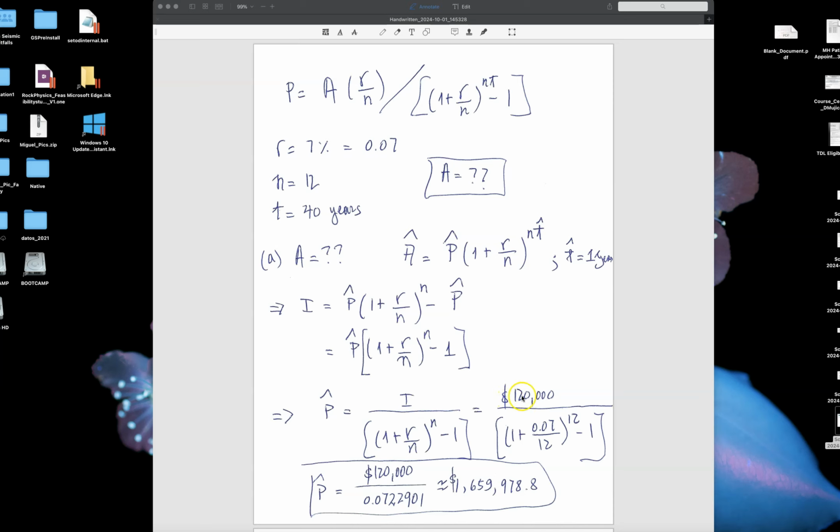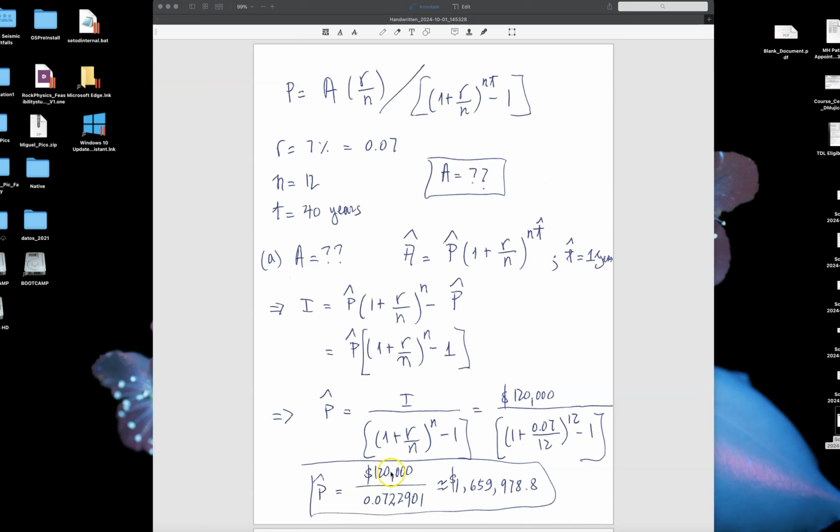So P hat is equal to the interest divided by all this factor. The interest is $120,000, and this factor is this one that you see here. When you make this operation, you divide, then add 1, then raise the result to 12, and subtract 1, you get this amount here.